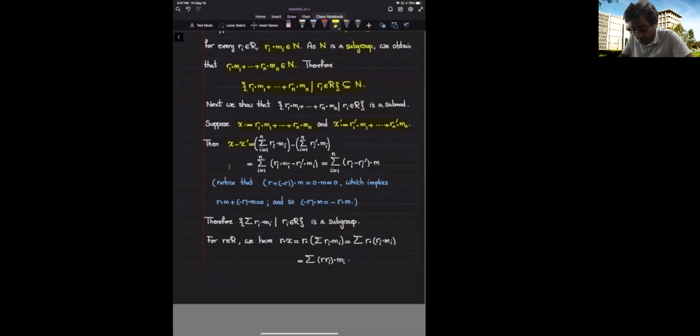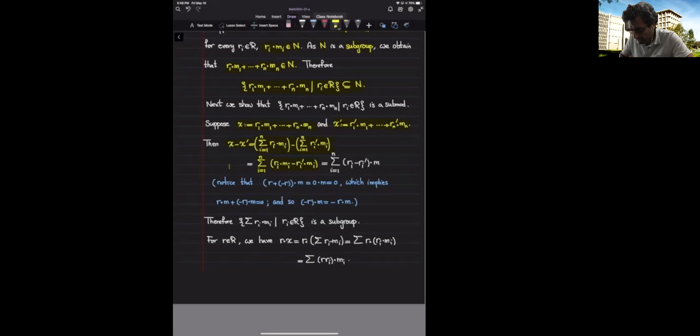Notice that by reordering the terms, since it's an abelian group, I can put the ith terms close to each other. This means r sub i times m sub i minus r sub i prime times m sub i.